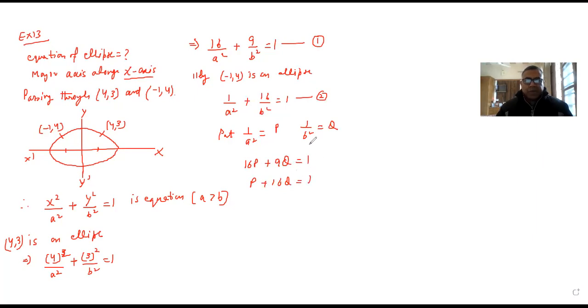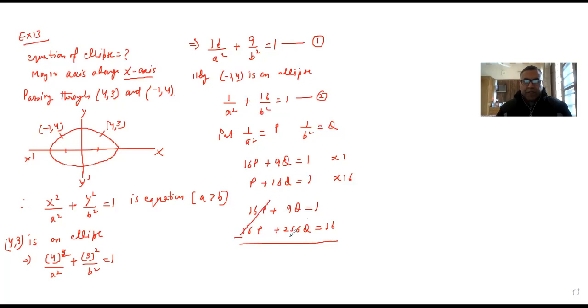See, 1 over a square acts as p, so 16p, and 1 over b square acts as q, 9q is equal to 1. Now multiply the first equation by 1 and the second equation by 16, you will get 16p plus 9q is equal to 1, and 16p plus 256q is equal to 16.